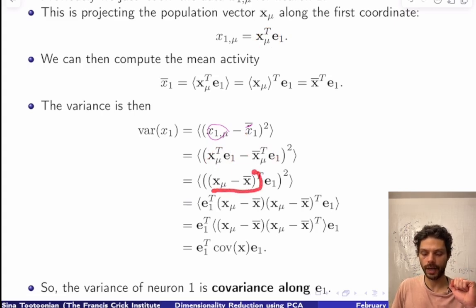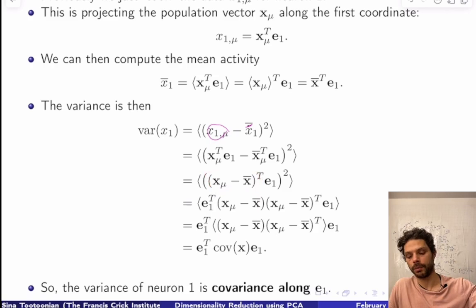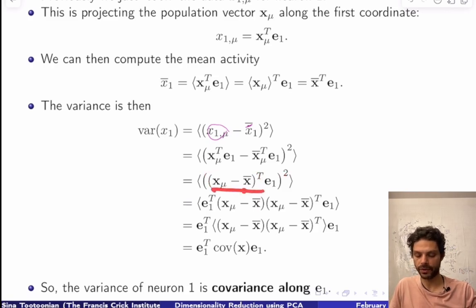So then we can just do everything in population space first, subtracting the mean in population space before projecting. And then this square, we can rearrange the squaring that happens as this once, and then putting it twice, but we can flip the order, so it looks like that. And now because the direction that defines the neuron doesn't depend on our stimulus set, we can just pull out these components. And what is this? Just the covariance.